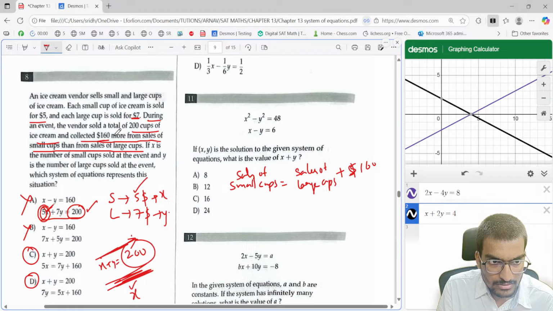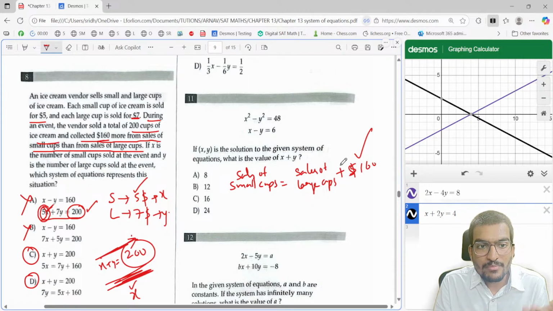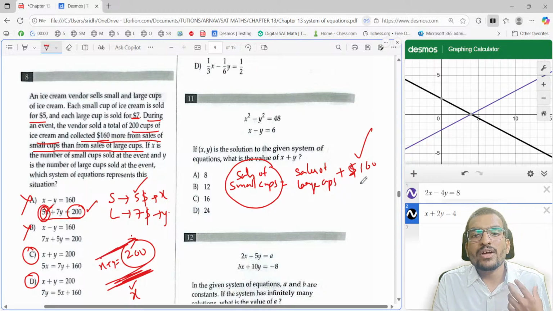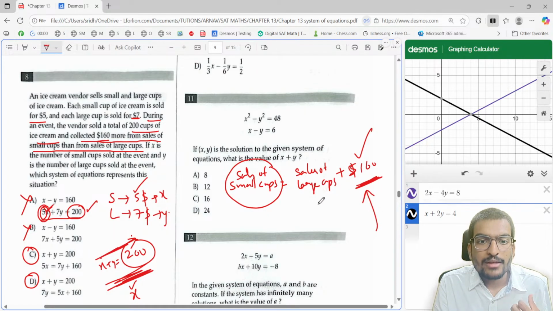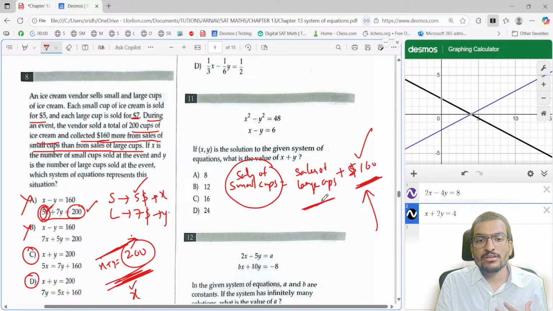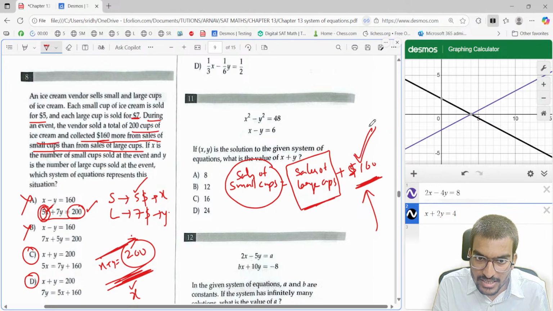I repeat, collected $160 more from sales of small cups. Small cups got $160 more than from sales of large cups. Along with the large cups money, small cups are getting $160 more.